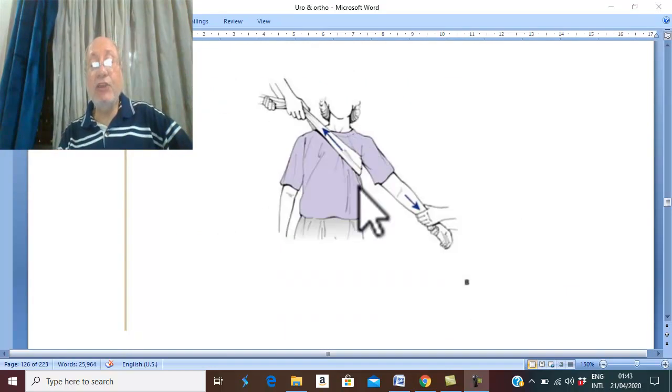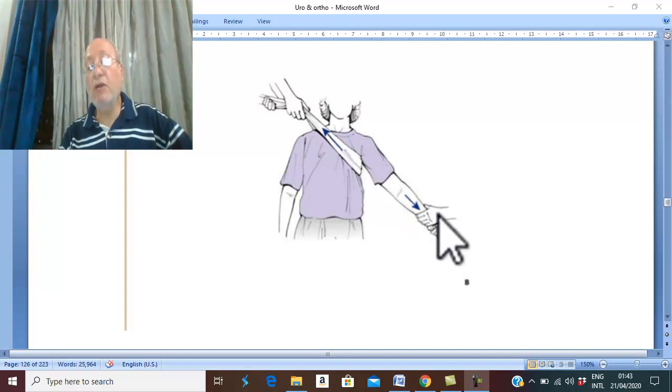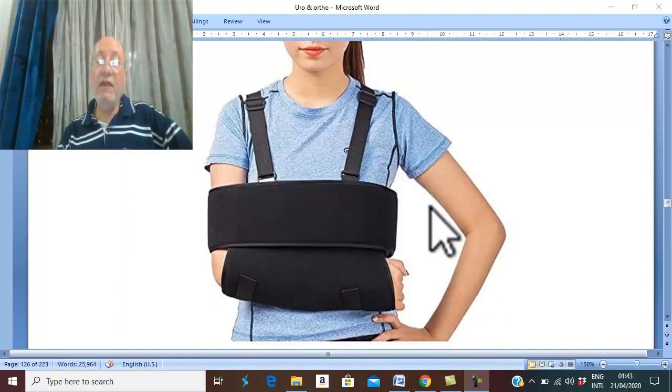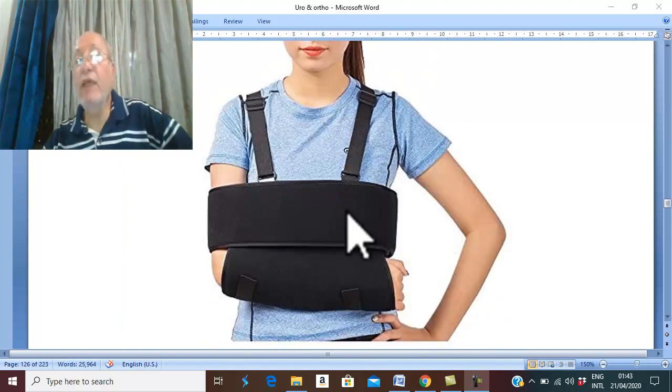Or the traction and counter traction technique. Traction by this method with the doctor's counter traction on the abducted arm. Finally, this is the way for fixation of this patient.